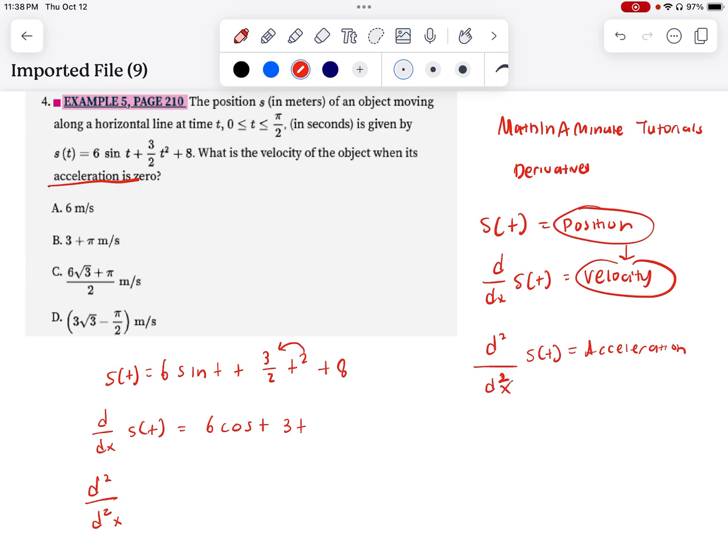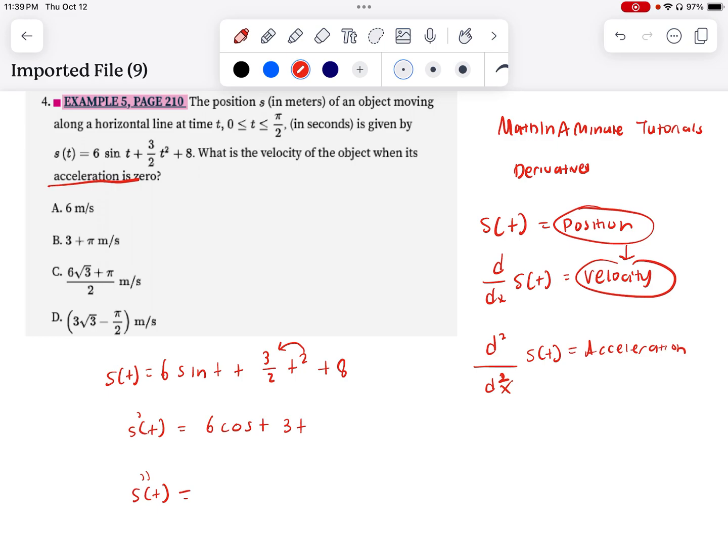I forgot it there. Let me actually fix this for a second. This can also be indicated, or is commonly indicated, as s prime or s double prime.